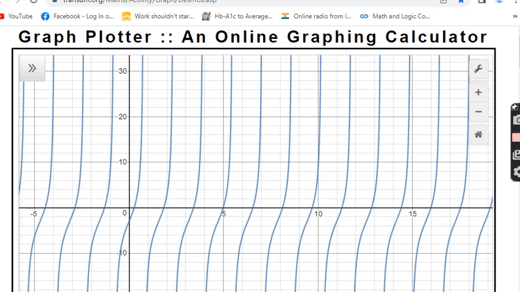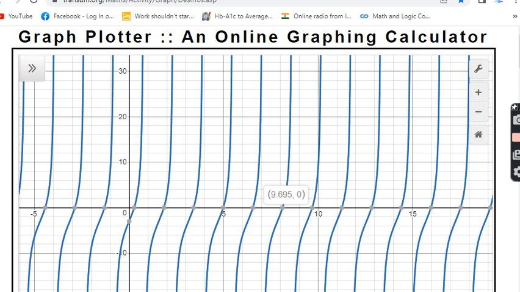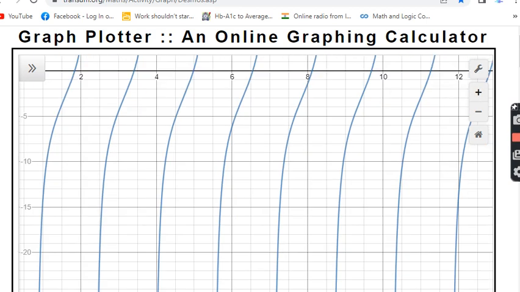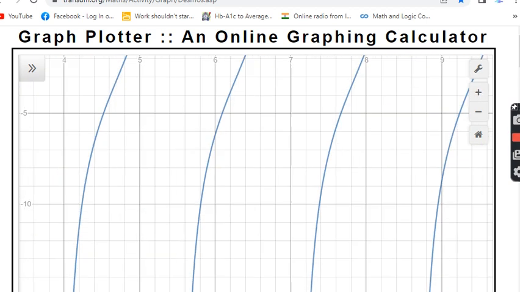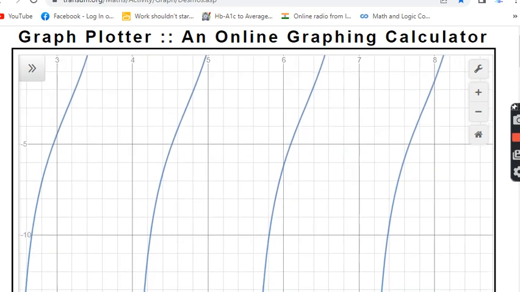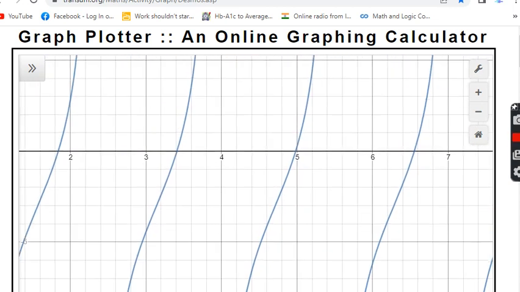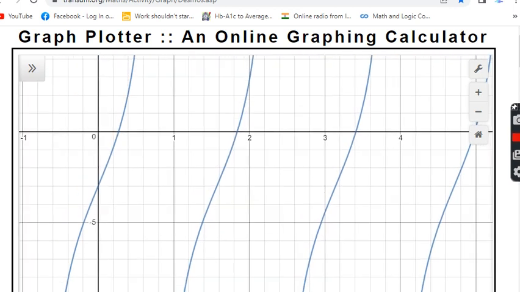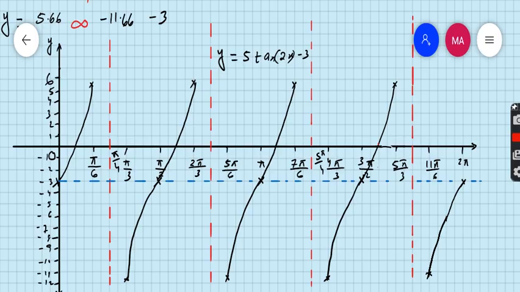Kindly focus from 0 to 2 pi only. This is very important. And the graph is starting from minus 3. Okay students, so this is the graph. We can enlarge and check. Look at this, 5, 4, 2, 1, 0. See this, focus from 0 and minus 3. And our graph is also from 0 and minus 3.